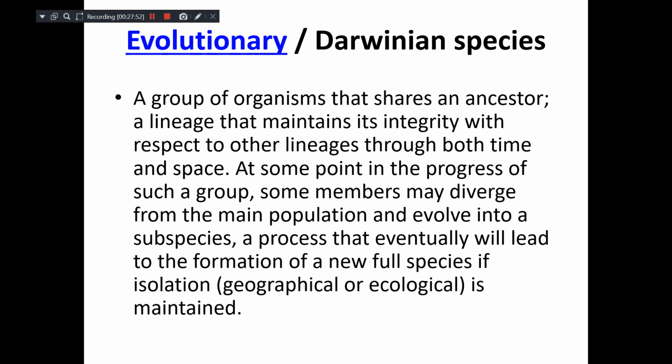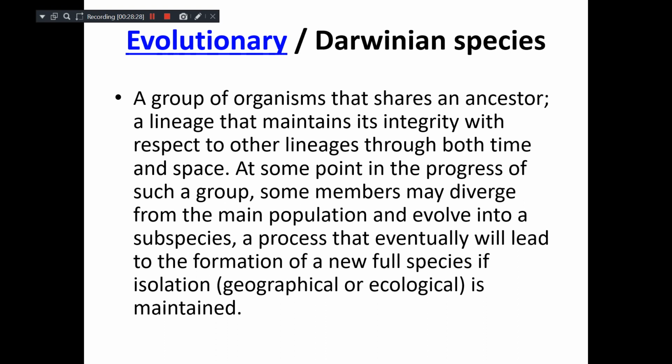Then another one is the evolutionary or Darwinian species. This has been given by evolutionary biologists. It is a group of organisms that share a common ancestor, a lineage that maintains its integrity with respect to other lineages through both time and space.